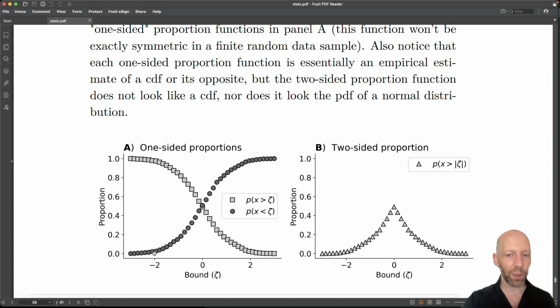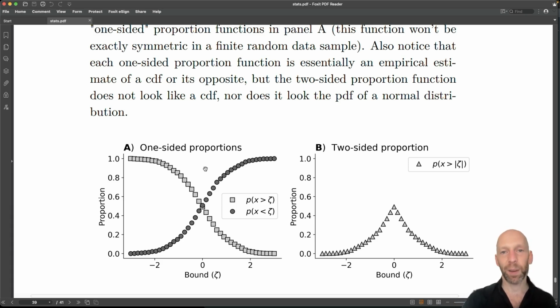And here at a threshold of -2, when we compute the proportion of data values below zeta equals -2, we expect that value to be small. It's going to be a couple of numbers, but relatively few. But when we flip the computation around, then we expect most of the values to be above -2.